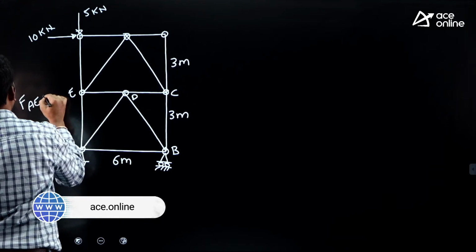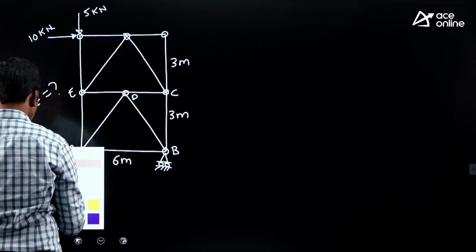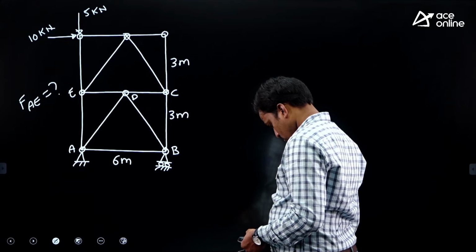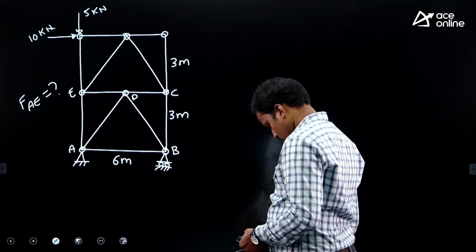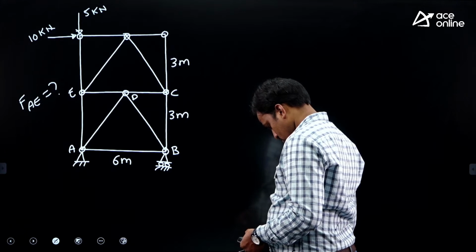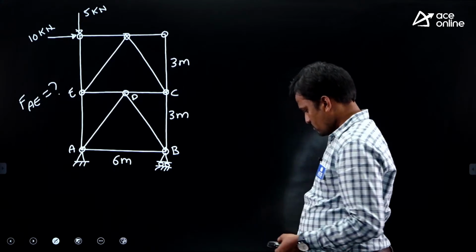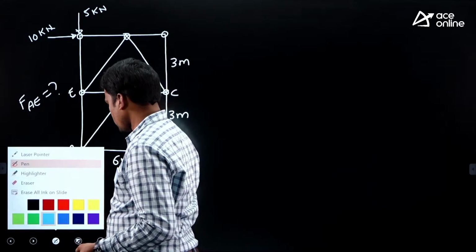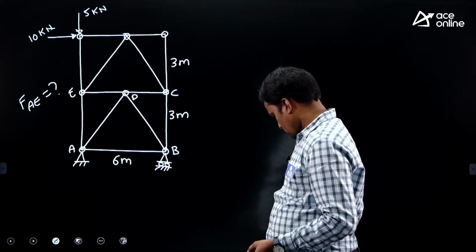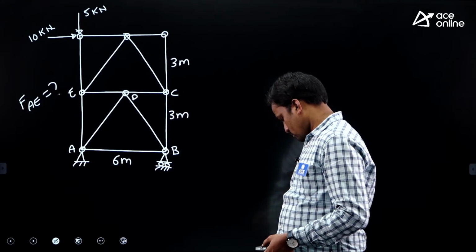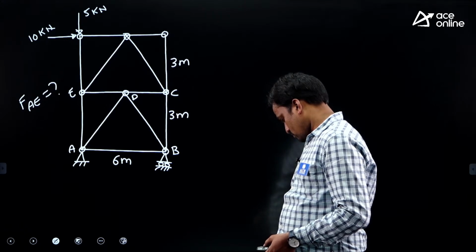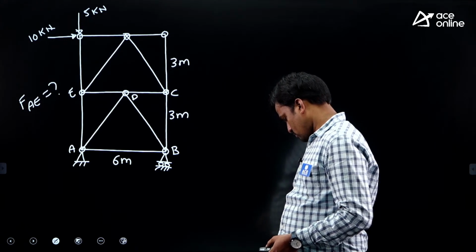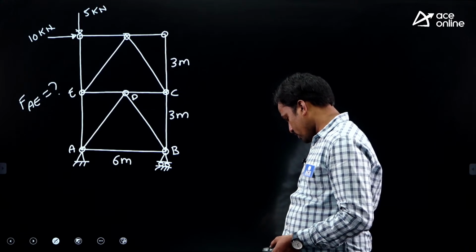I need the force in member AE. Just tell me how to cut the structure first. How to cut the structure?